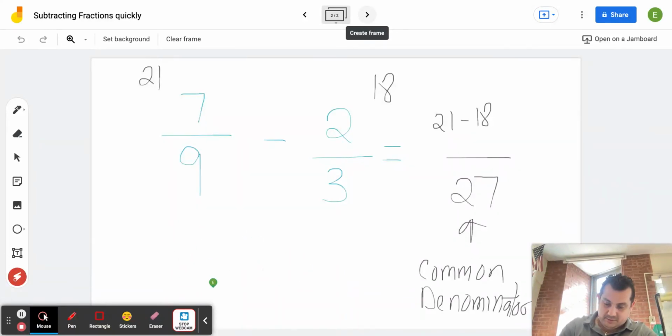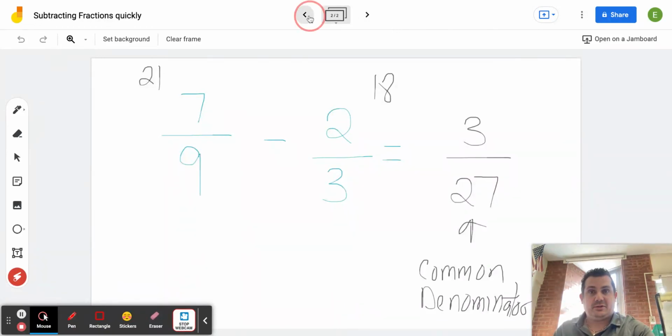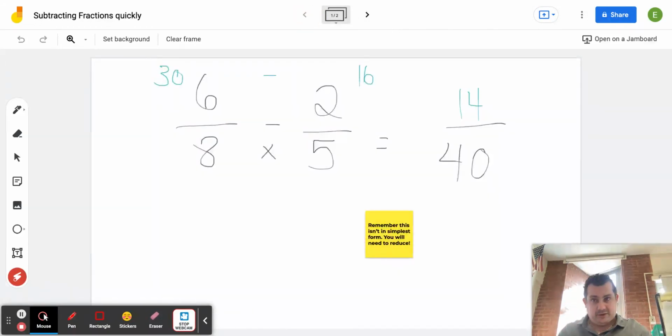So I'm going to put in 3/27. I'll give that same disclaimer here that you are going to need to reduce, but this will give you your answer, 3/27. Okay, so that was a quick video on how to subtract fractions with unlike denominators quickly.